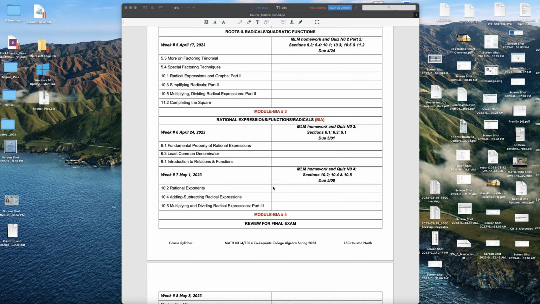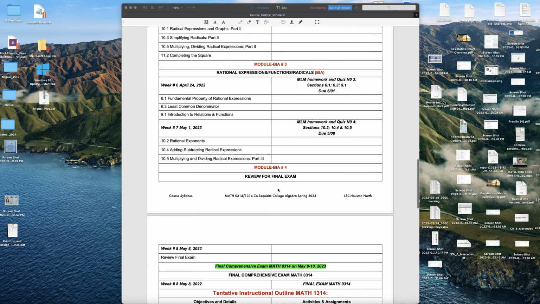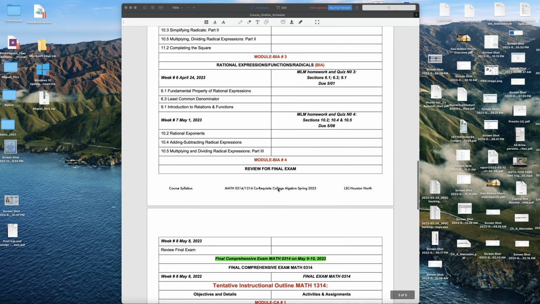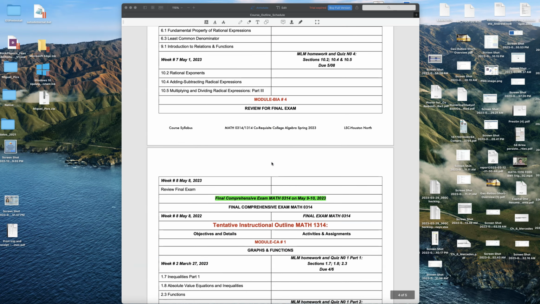The point is that next week we have module number 4 in the developmental part, but module number 4 doesn't have any new material. It's just a review for the final that you are going to have for the developmental part.